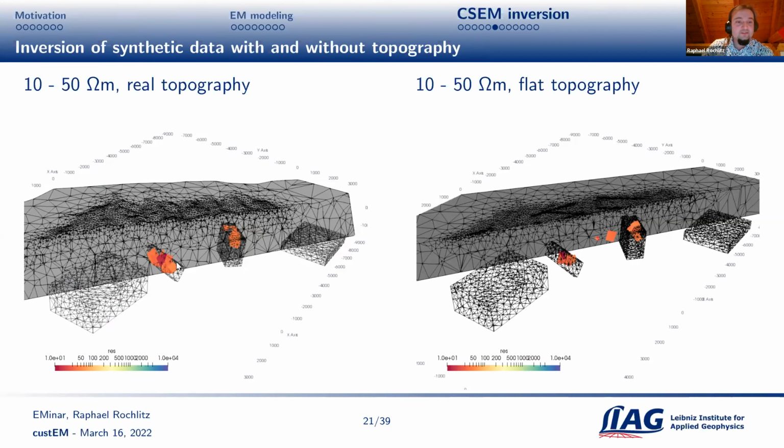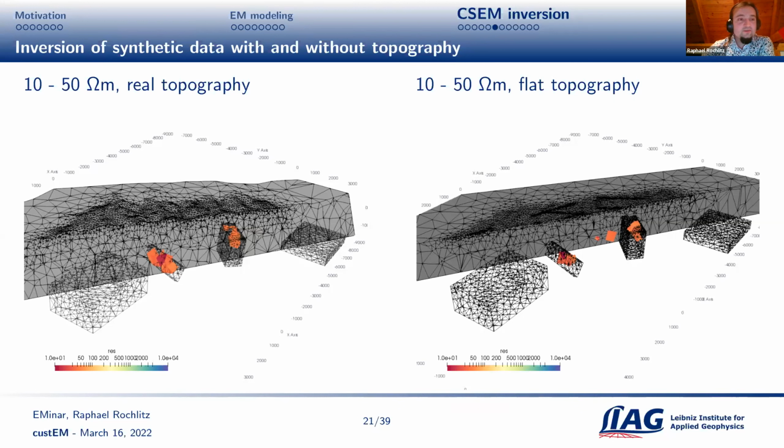So basically, these areas should mainly occur in the highly conductive thin plate and also in the larger dike. So this looks reasonable in our real topography synthetic inversion, but in the flat topography inversion, we already see that the range is not covering the anomalies so well, and we also see first artifacts.